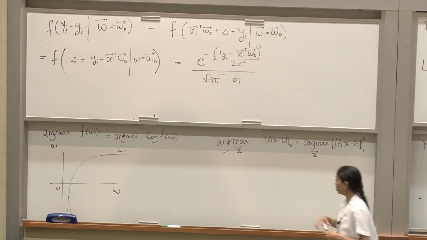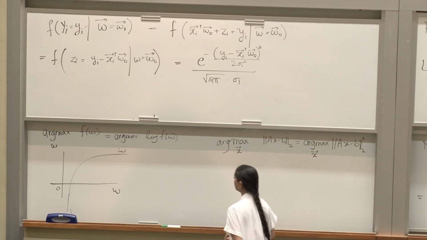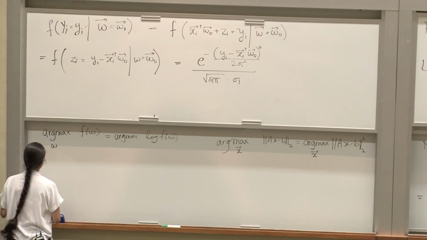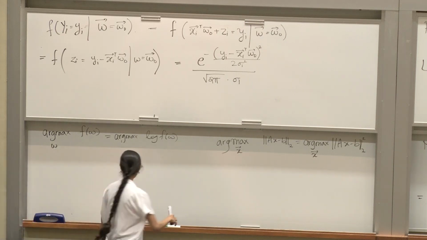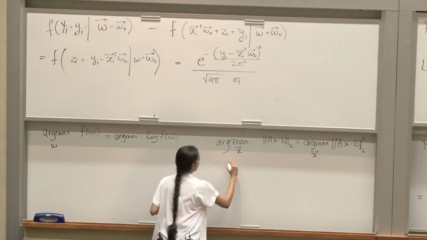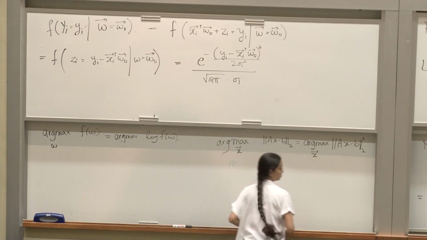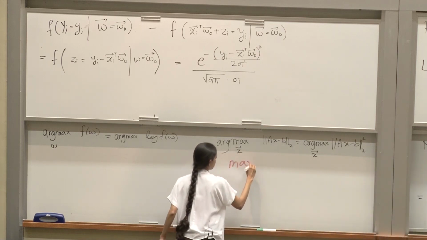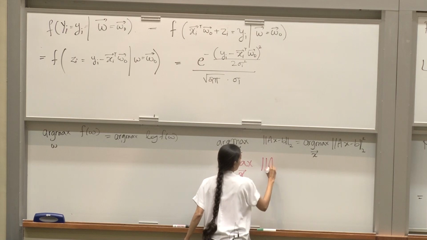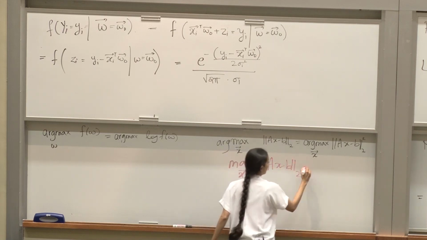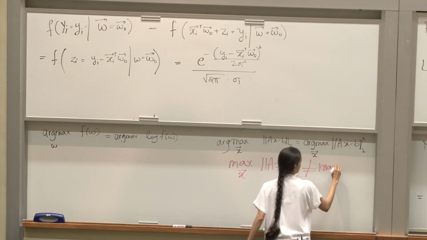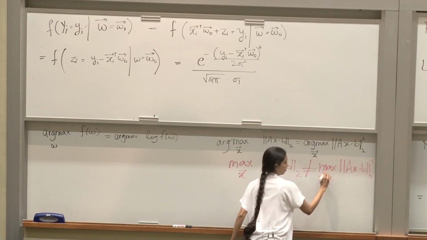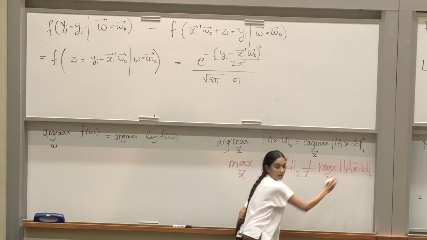Okay. So what we're going to do here is we're going to take logs. Remember also, one important thing. Important to note: the max over x of the 2 norm of Ax minus b is not equal to the max of the squared 2 norm of Ax minus b, right?